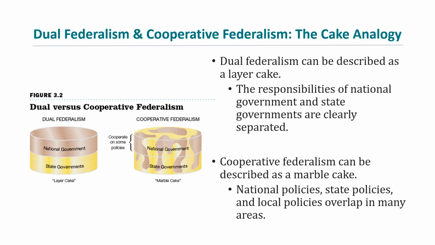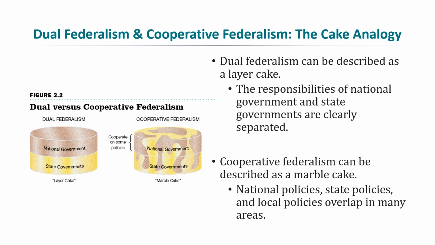So here's our graph that shows dual versus cooperative federalism. You can see on the left that dual federalism is like a layer cake. National government, state governments, very much separate. Under cooperative federalism, you can see how it's a marble cake where the national government and the state governments are cooperating on some policies. So the growth of categorical grants and favorable court rulings led to cooperative federalism.